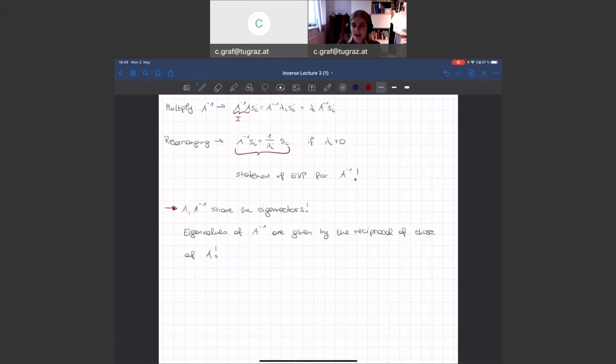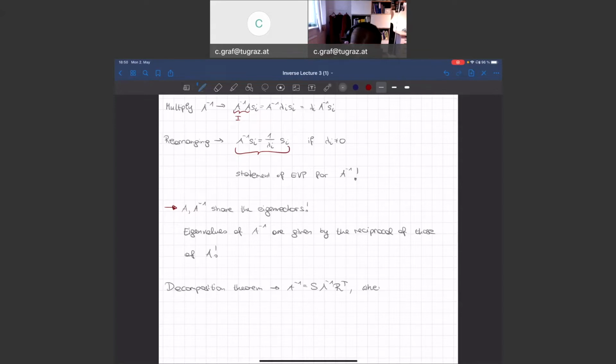Now we have a square matrix, A inverse, and we can use the decomposition theory to decompose the matrix A inverse. So we end up in A inverse being equal to S, lambda inverse R transposed, whereby we know already S and R, they are defined as in the theorem before.